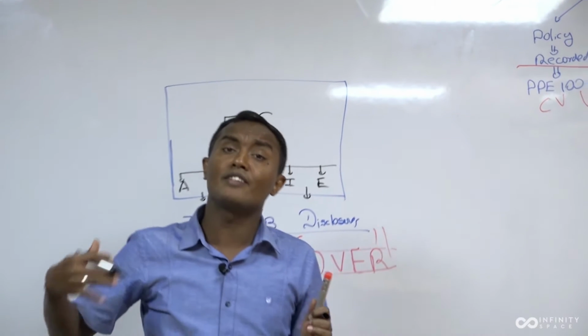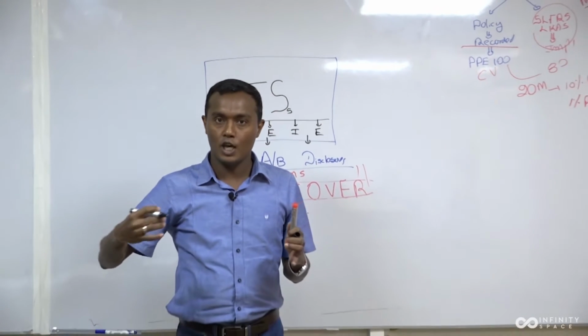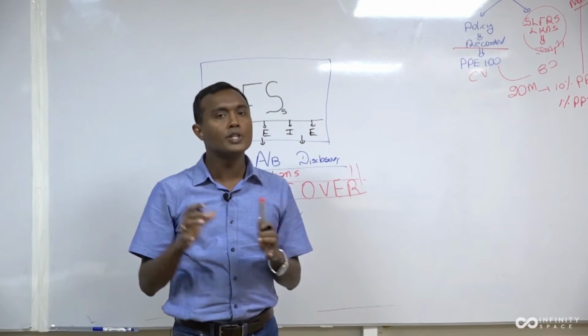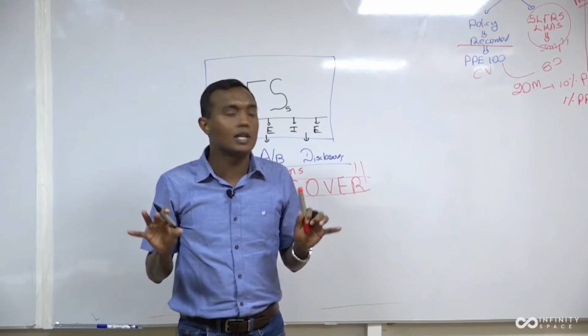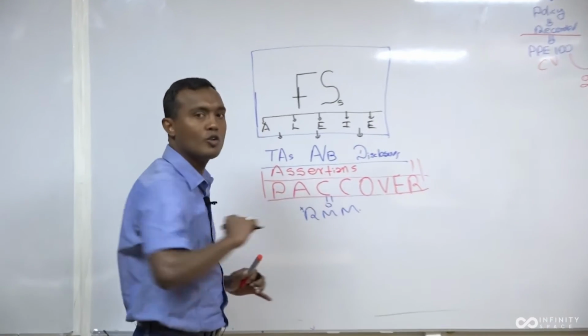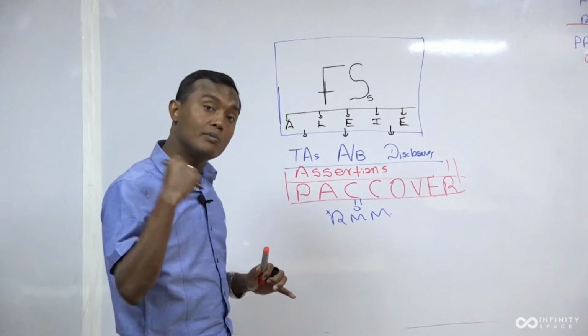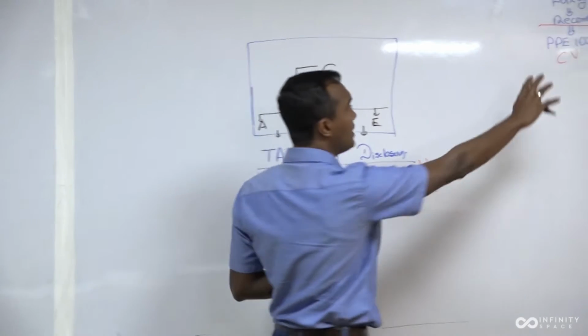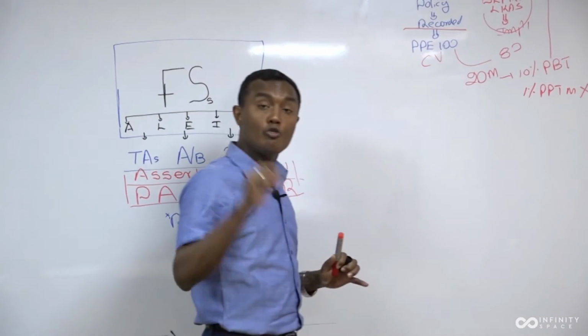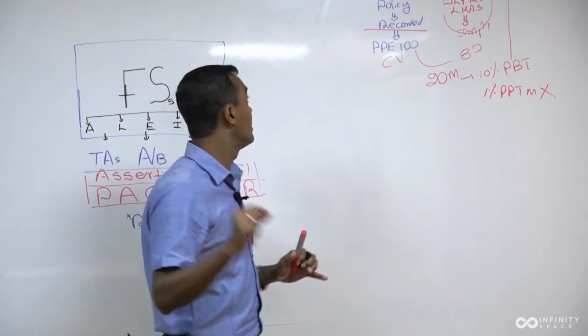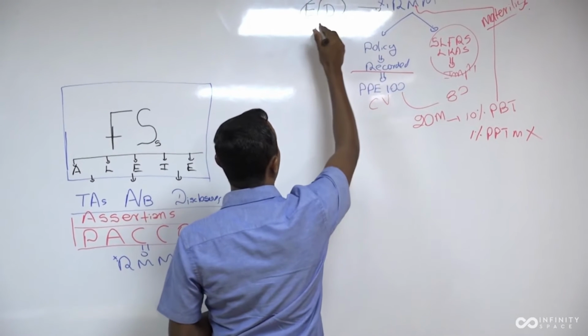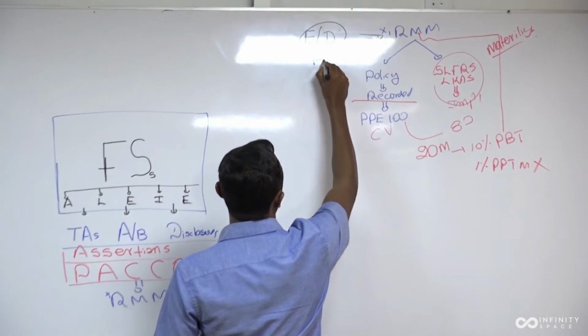Now that's the latest definition of materiality, right? If there is an omission, meaning something not included in the accounts, say a disclosure is omitted, that's called omission, or if there is a misstatement, in my example this is a misstatement, if that's going to affect the economic decisions of primary financial statement users.